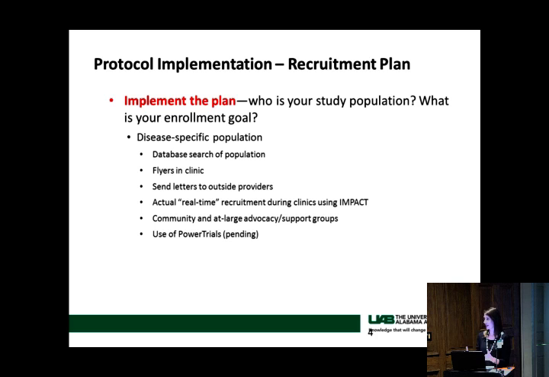When you're there in clinic, you can look at Epic to see what patients are here this day. Is there anyone that could qualify? Also, there are community and support groups that may be a good benefit to go to, to look for patients. And Power Trials is pending, but that's another avenue that we can use when that's available.